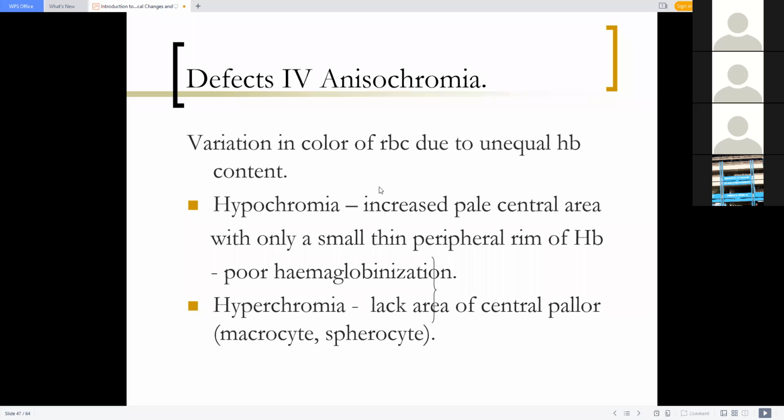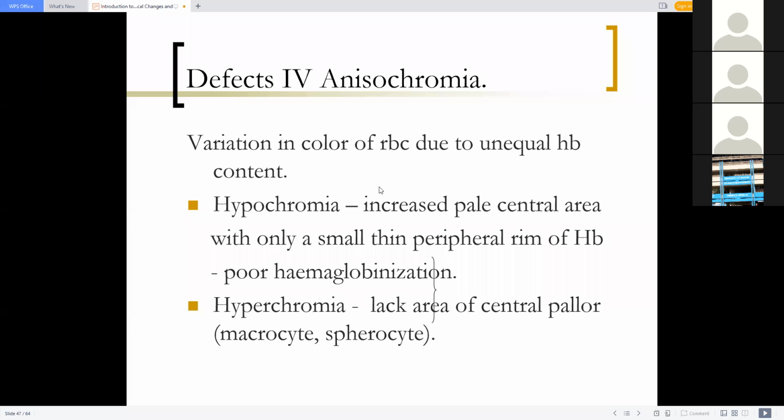This is due to variations in the degree of hemoglobin, or an unequal distribution of the hemoglobin content of the red cell. Cells that don't have enough hemoglobin or are poorly hemoglobinized will have just a thin rim of staining. They'll be pale. They'll not take up the stain, and we call that hypochromia.